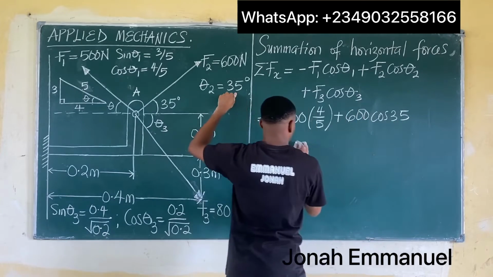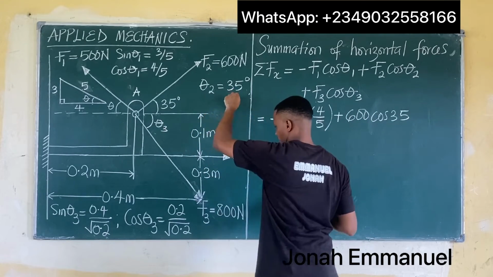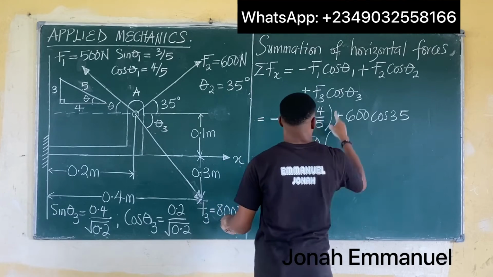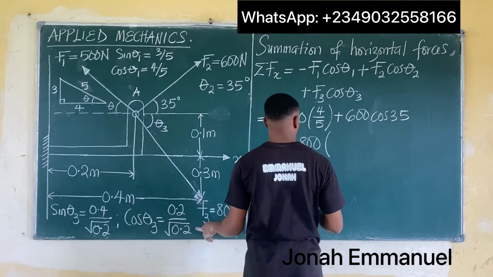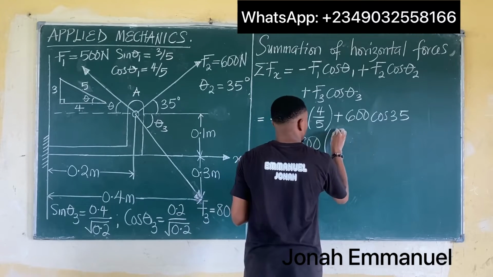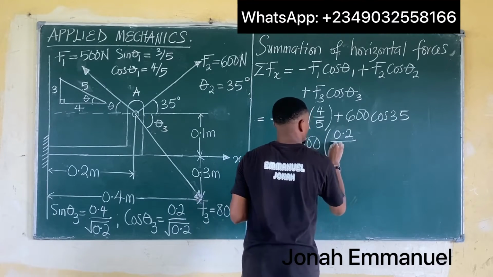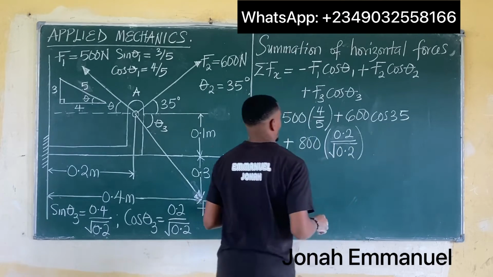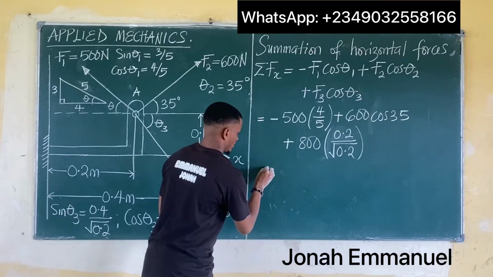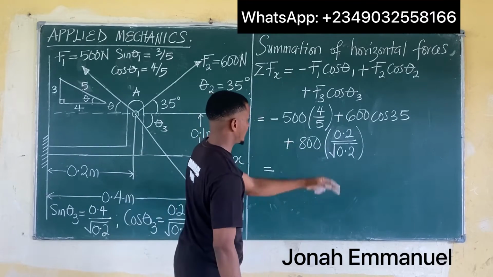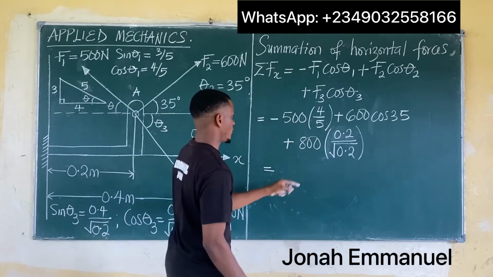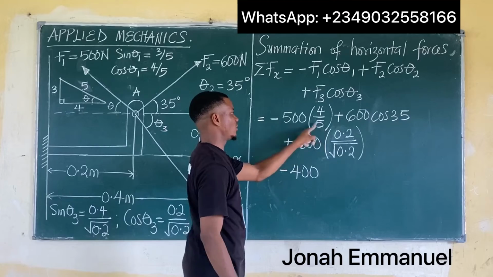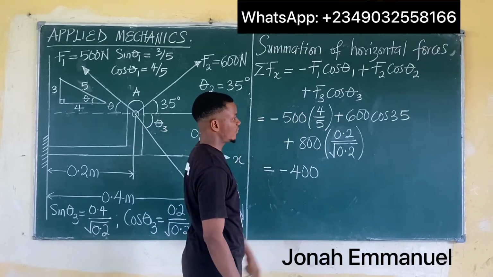Then finally plus F3. F3 is 800, and then cos theta 3. Cos theta 3 is 0.2 all over square root of 0.2. So we have this. Alright, let's get the calculator and get this value. So this should be minus 400, because 5 here, 1, 5 here, 100 times 4, 400.